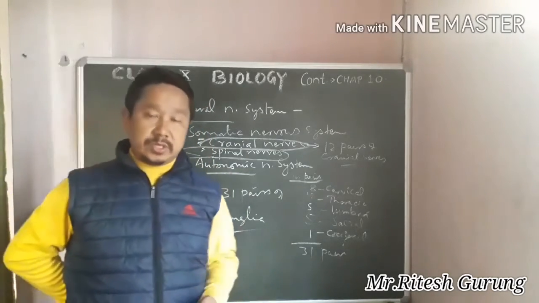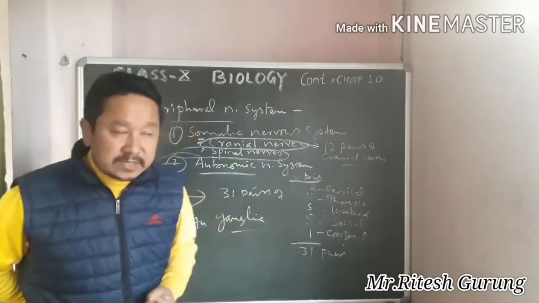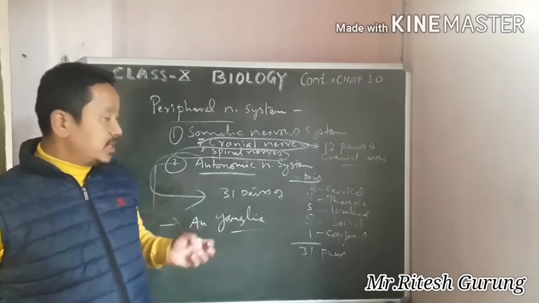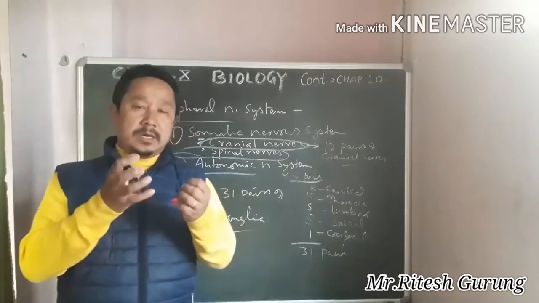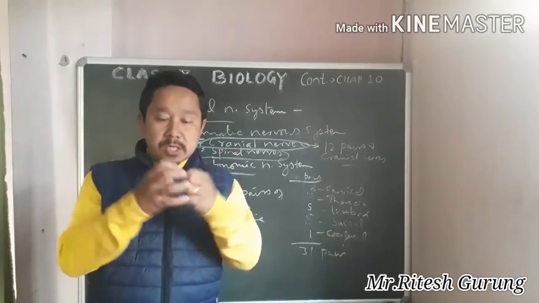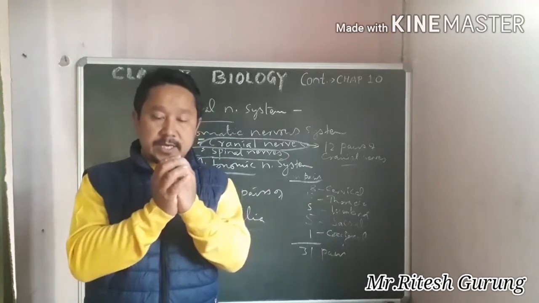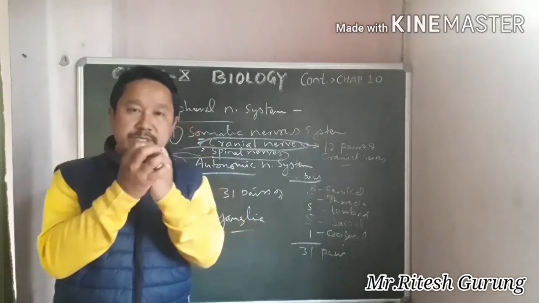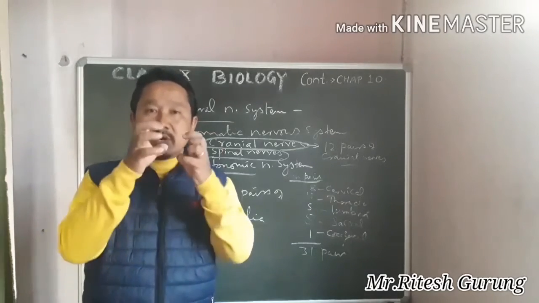What are ganglia? Ganglia is the plural form of ganglion. It must be a new word for you. A ganglion is a group of neurons, a group of nerve cells clubbed together, making a gnarled structure of nerve cells.